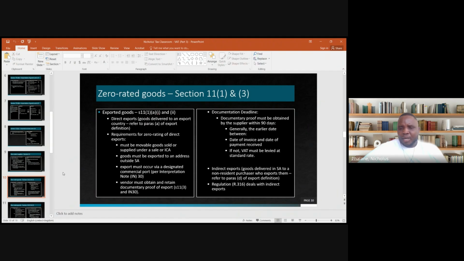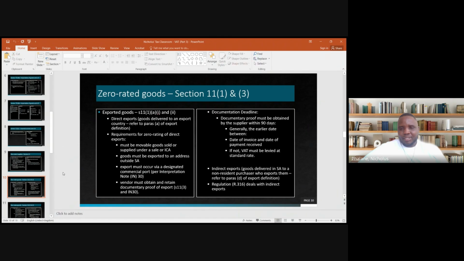So what is going to happen here? What do you think is going to happen? Are you going to zero rate? Because remember, this person is buying the goods while they are in SA, even though they are going to leave with these goods at a later time. But at the time of purchase, they are here in SA.